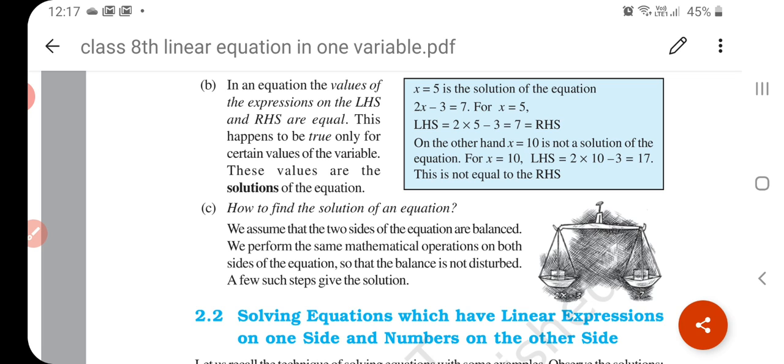If the equation is of the first order, then it is called a linear equation. If it has only one variable, it is called a linear equation in one variable. Order first means the degree of the variable is 1, and they have only one variable. So we call it a linear equation in one variable. Understand?